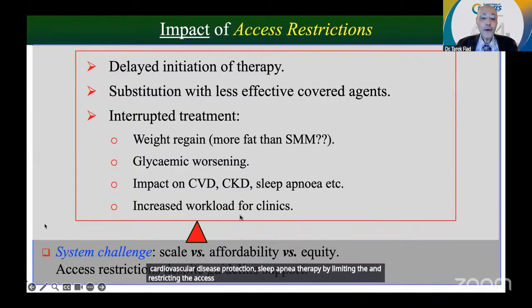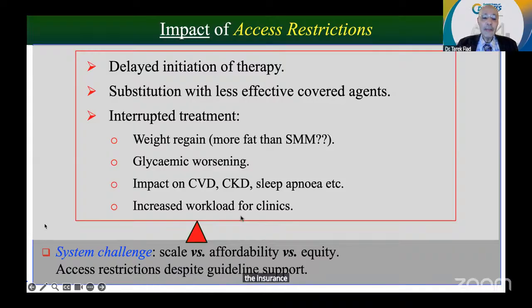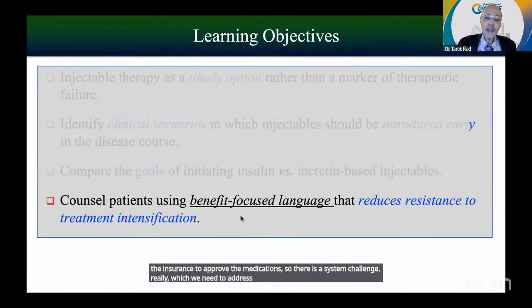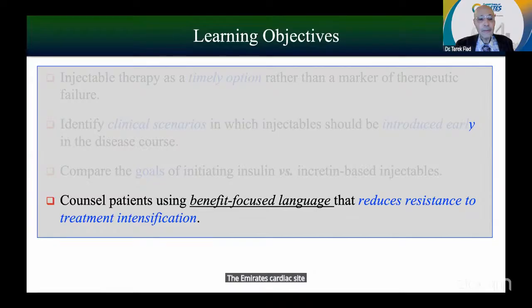It also increases workload for us as clinicians when we are challenging the insurance to approve the medications. So there is a system challenge which we need to address as clinicians and as a society, typically through the Liver Society, the Emirates Endocrine Diabetes Society, the Emirates Cardiac Society, and so on and so forth.